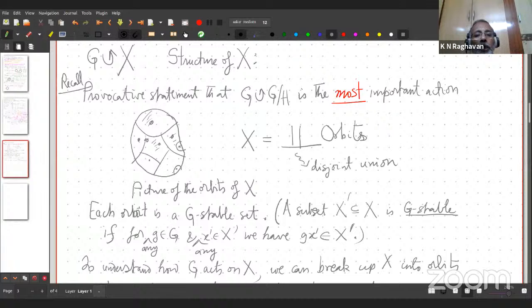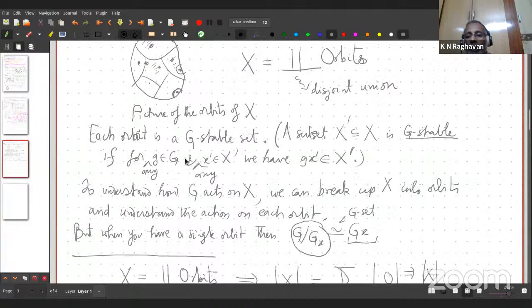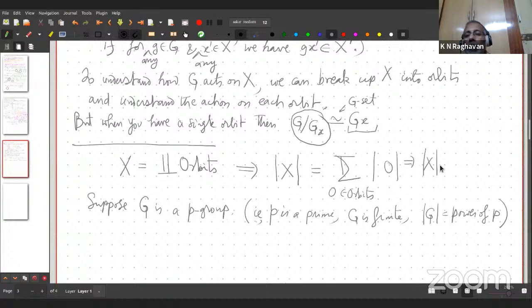Now, what does it mean to have a singleton orbit? It means that that point is fixed by all elements of the group. So separating out the singleton orbits, I can write this like this: the cardinality of X^G plus the sum over O non-singleton.